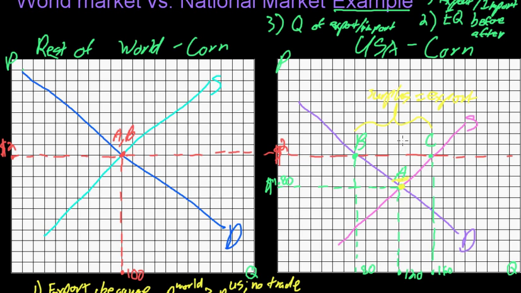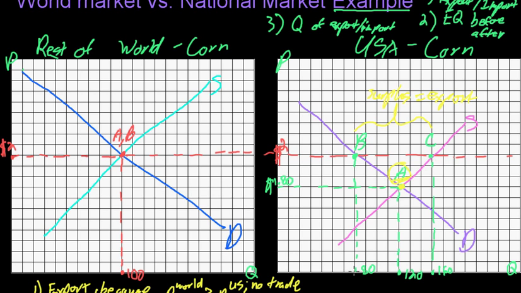So we've already done the equilibrium before and after. Before, it's just represented by point A, and then after, it's represented by this situation where a world price is prevailing, and there is a surplus of corn produced because 160 million heads of corn are produced, and only 80 million heads of corn are consumed in the US.